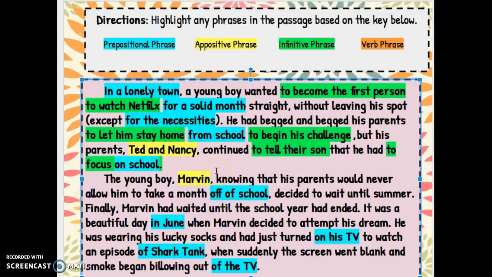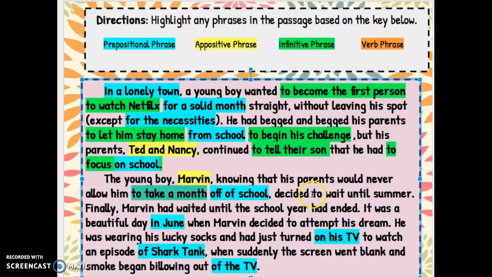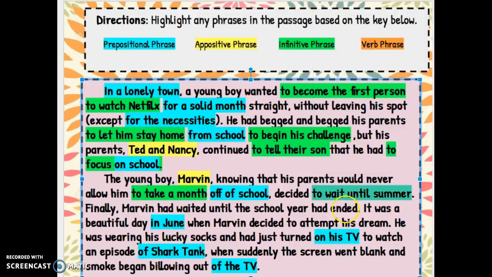Okay? Knowing that his parents would never allow him to take a month. That's my other one. And then I see to wait until summer. That's another one. Actually, I missed another one, until summer. Must have been going fast through some of these.